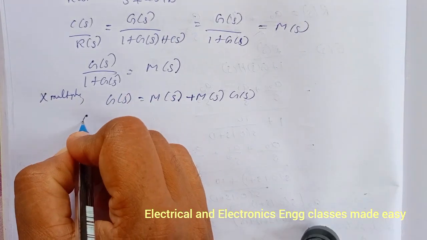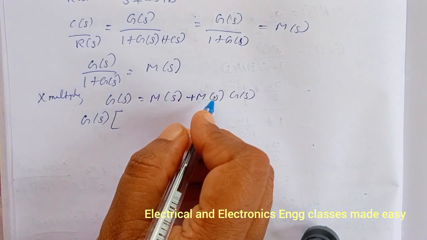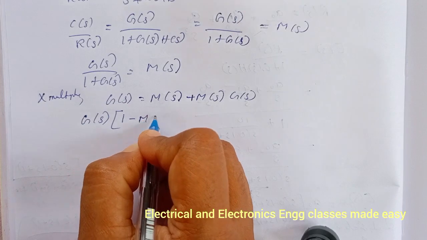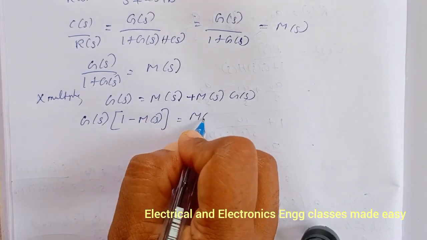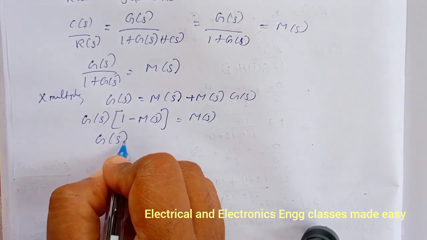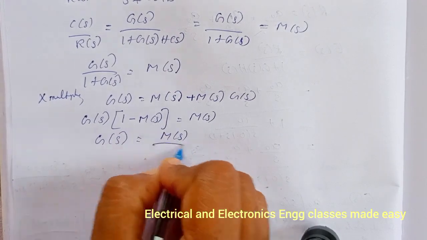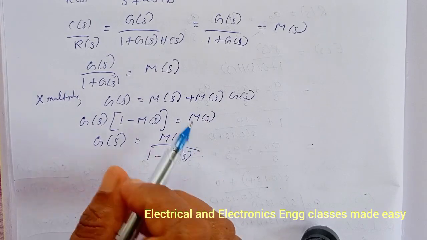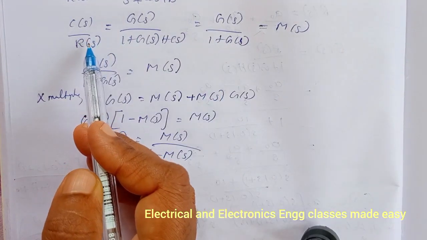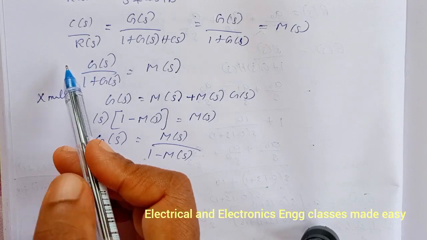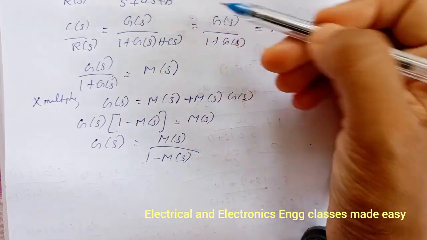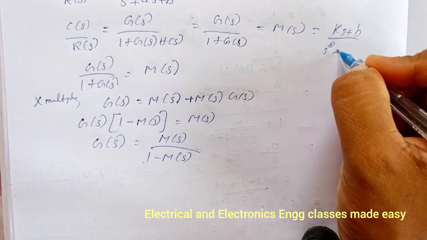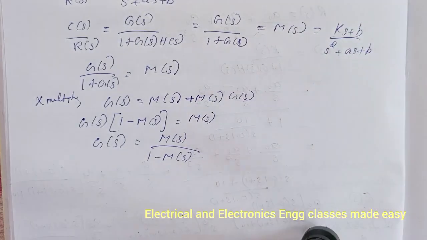So G of s into, take this G of s this side, so we get 1 minus M of s equal to M of s. Then we get G of s as M of s divided by 1 minus M of s, and this M of s is C of s divided by R of s, and that is equal to Ks plus B divided by S square plus As plus B.